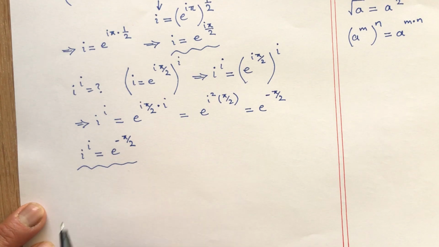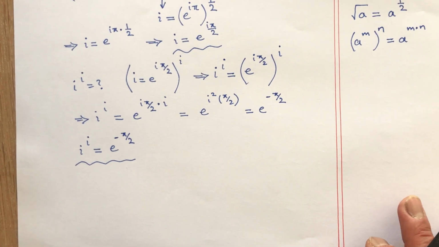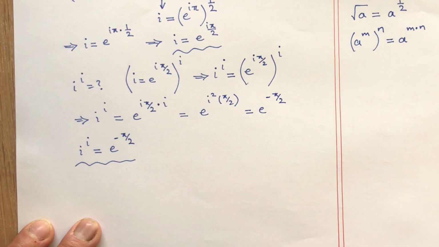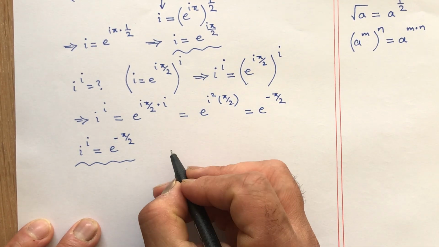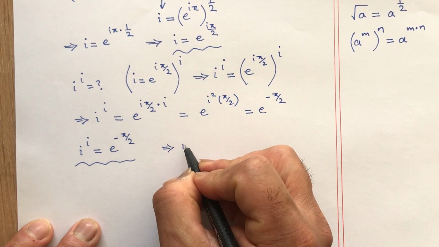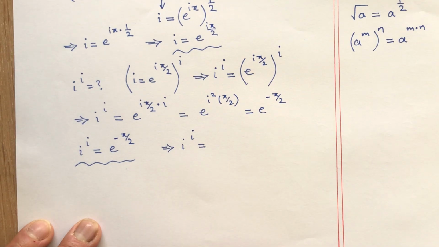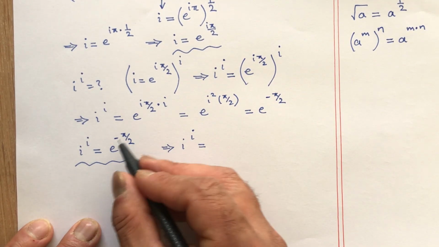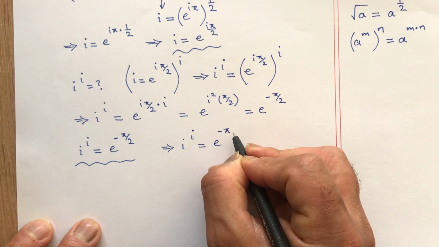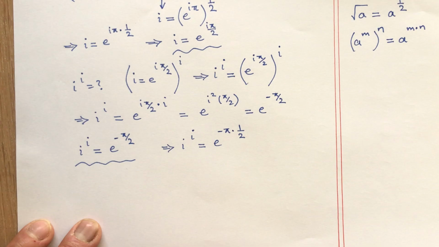This is the answer, but we can also find the exact value in numbers. But we have to change something here. i to the power of i equals e to the power of minus pi times 1 over 2. We can write it like that.